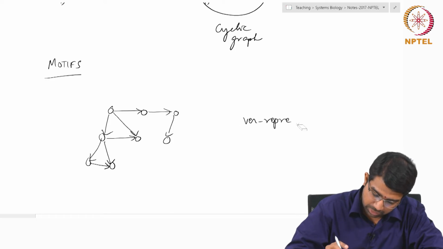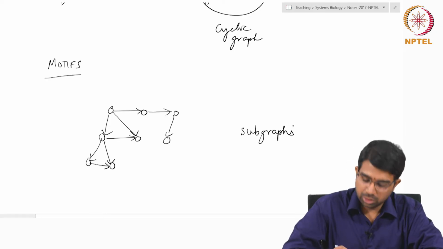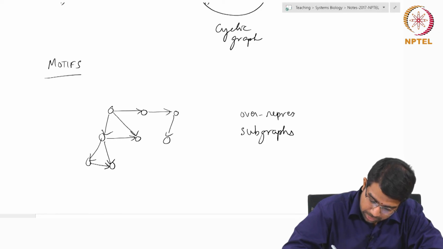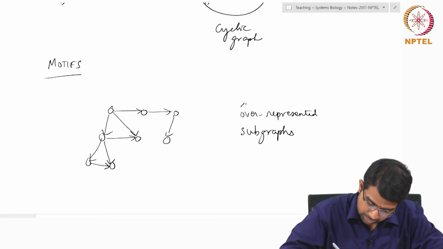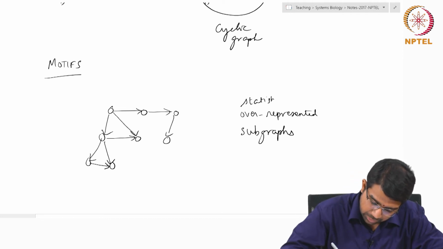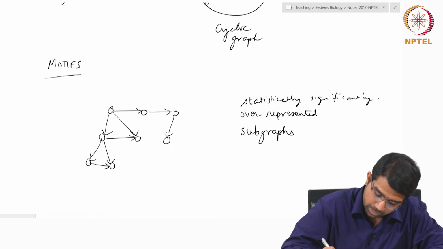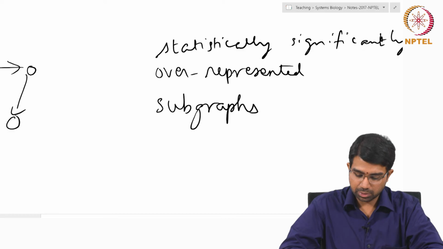I should probably say it the other way around. They are subgraphs. No, they are over represented subgraphs, or in fact statistically significantly over represented subgraphs.